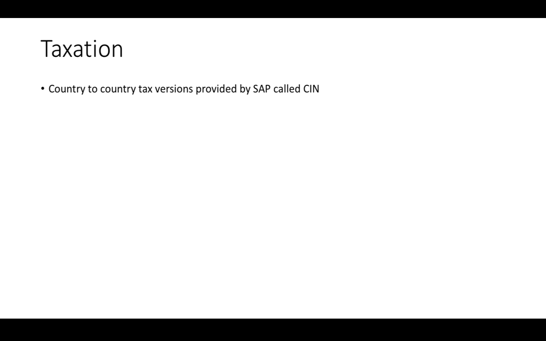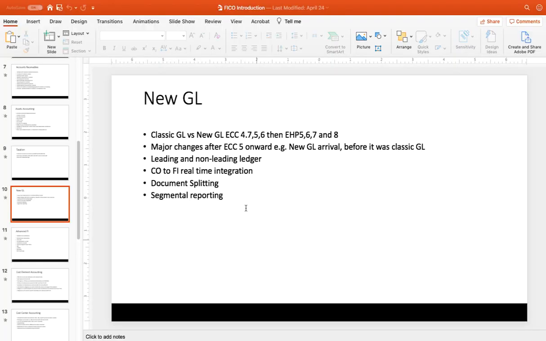For example, in SAP United States, they have captured the taxation procedure where all those tax rates are embedded into the SAP tax procedure. We'll cover that country to country, different tax versions are available, right? So we will cover that when we go to the taxation topic, right?